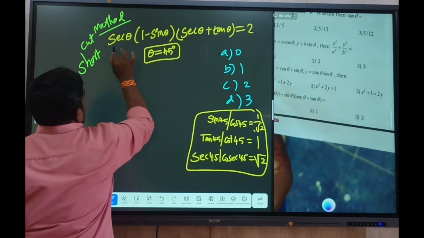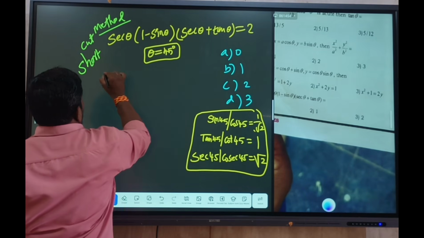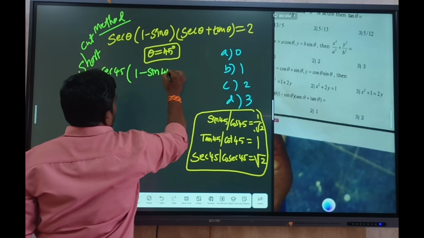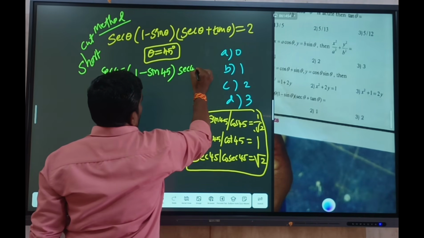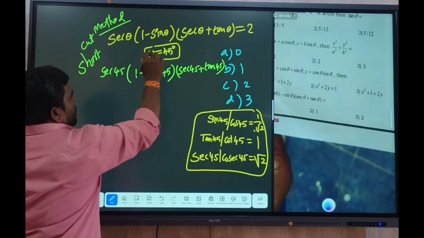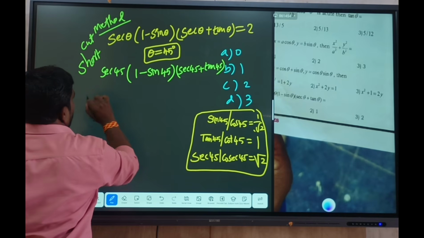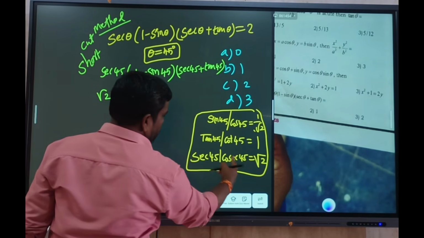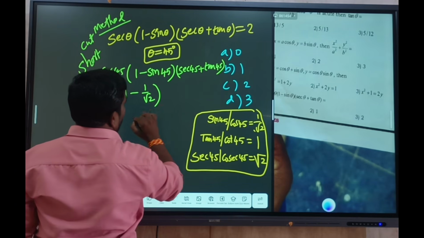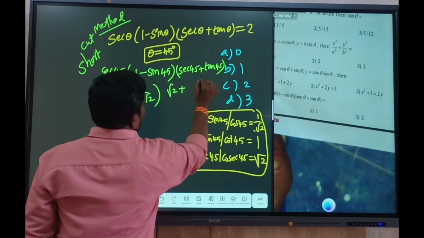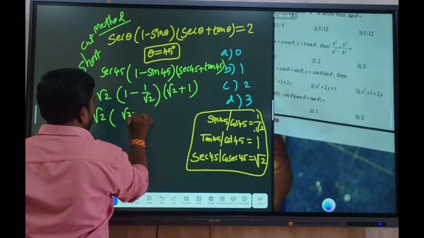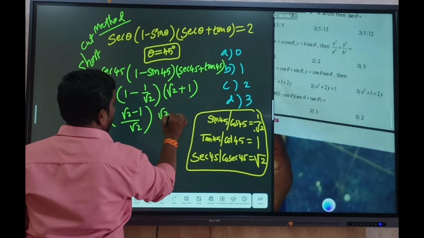So look here: secant theta into (1 minus sin theta) into (secant theta plus tan theta), substituting 45. Secant 45 value is root 2. Then 1 minus sin 45 is 1 minus 1 by root 2. Then secant 45 plus tan 45 is root 2 plus 1.